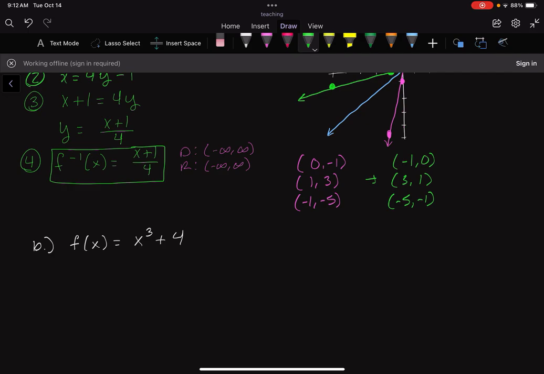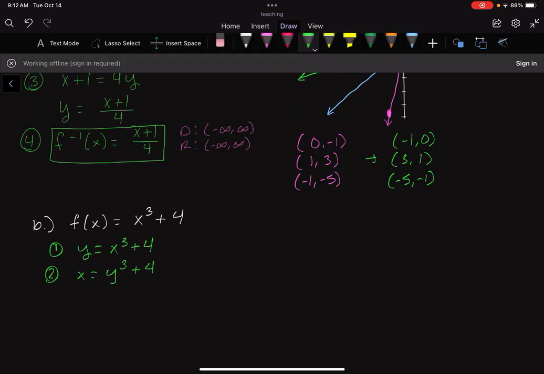So you should pause and do this one on your own. But step 1, we'll replace f of x with y. Then we swap my x and my y. And now I just need to solve for y. So I get x minus 4 equals y cubed. To solve for y, I can take the cube root.